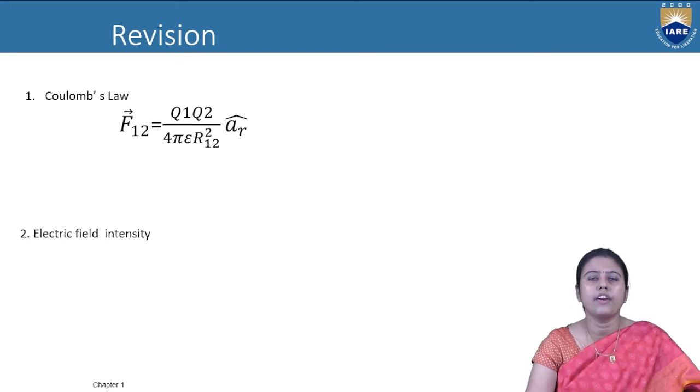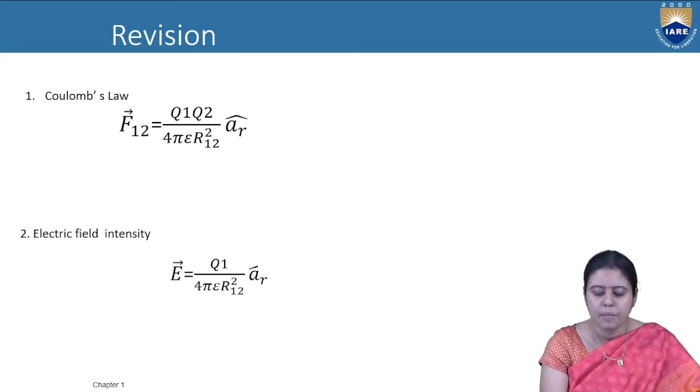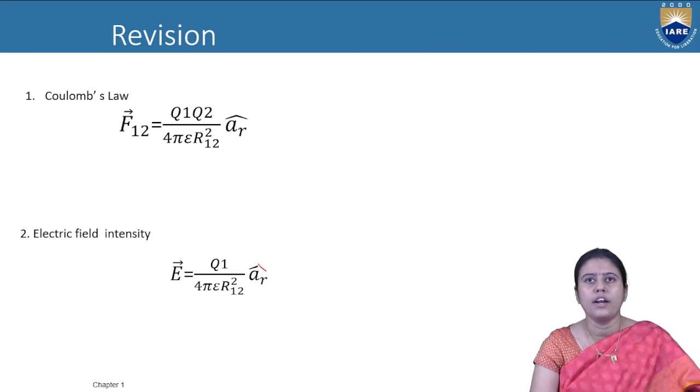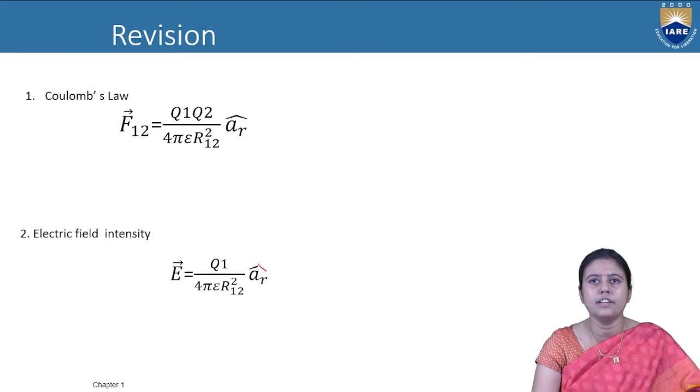Then we will go for the electric field intensity. The electric field intensity E can be defined as Q1 by 4 pi epsilon R12 squared. So this is the equation of the electric field intensity. What is the relation between Coulomb's law and electric field intensity?